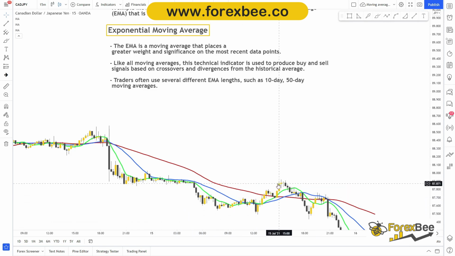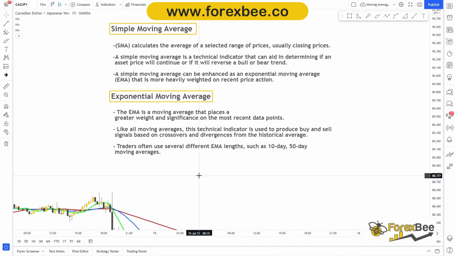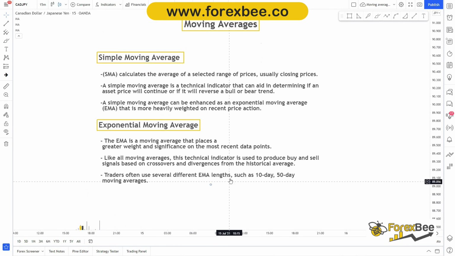That way we would get the moving average for one candle, or one data point. So what we do in a moving average is basically take the data points from the past for a specific period of time and then calculate the mean.